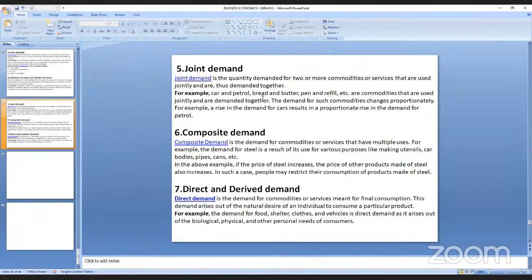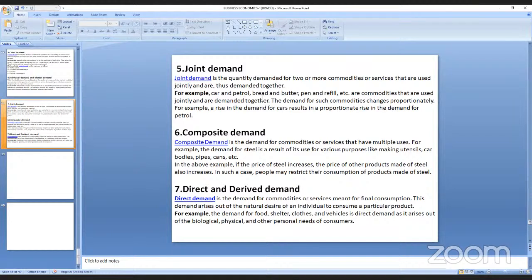Next is composite demand. Composite means both. Till now, we have studied only either this one or this one. Composite means using both, making use of multiple. Composite demand is the demand for commodities that have multiple uses.